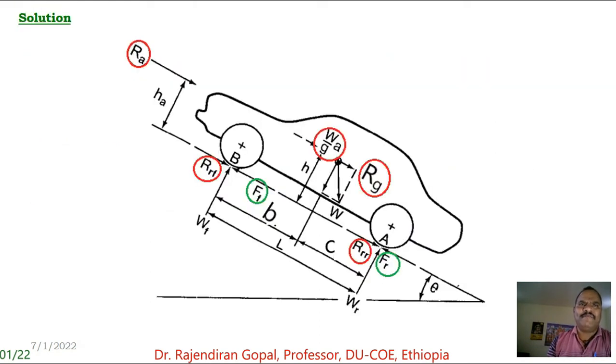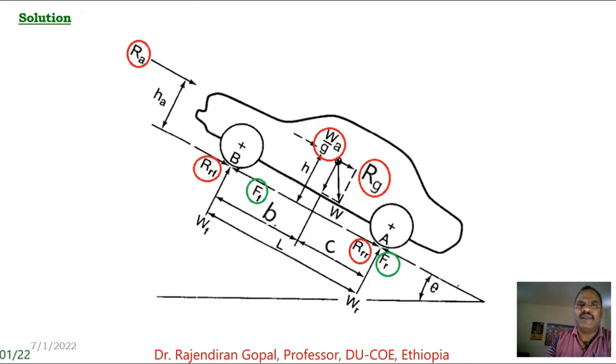This is the free body diagram where the tractive effort F and F are acting at the front and rear axle. RA is the aerodynamic resistance acting at a height of HA from the ground level, and RG is the gradient resistance due to the inclination theta.